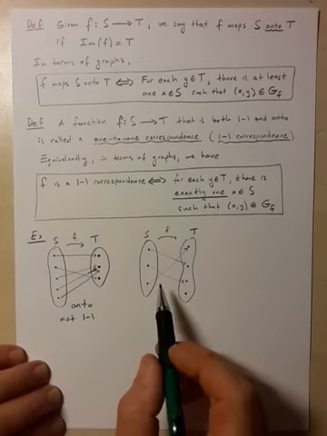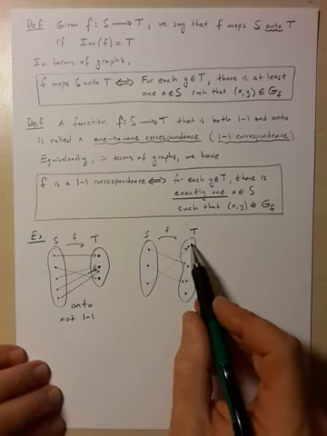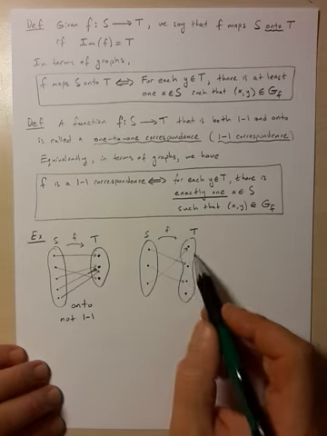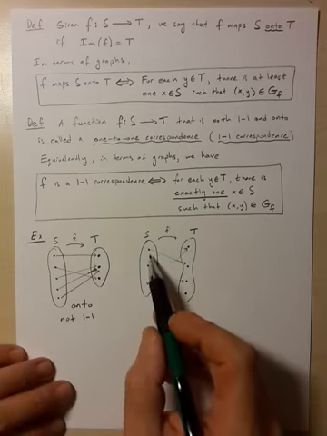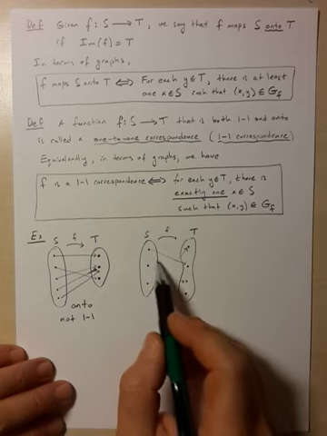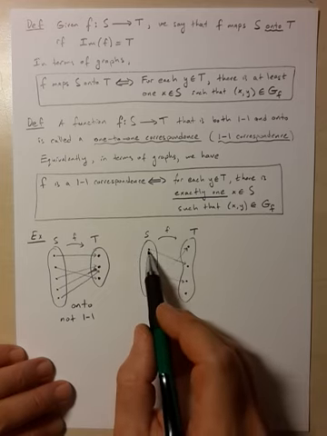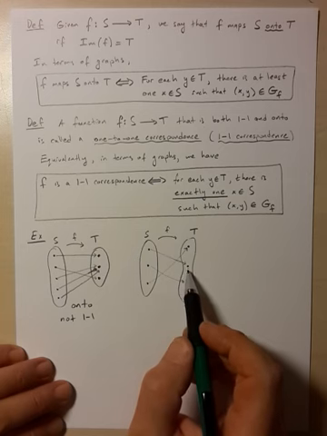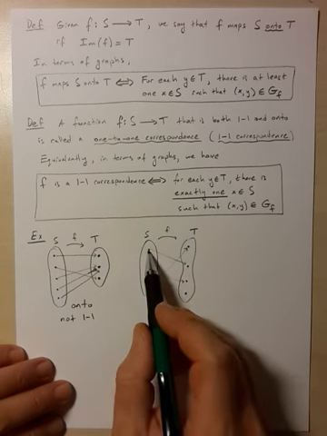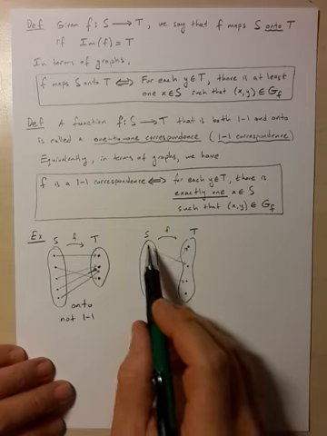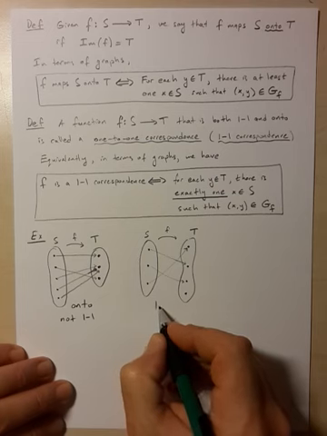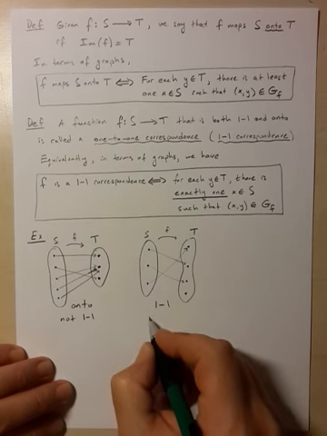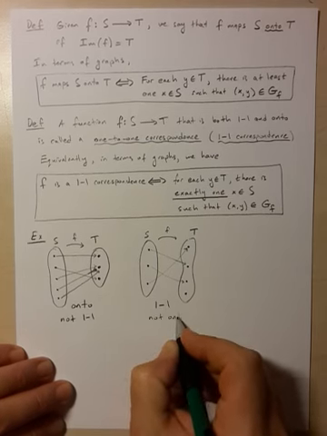This function is one-to-one because for each element of T, there exists at most one element of S whose image it is, right? So this is a one-to-one but not onto function.